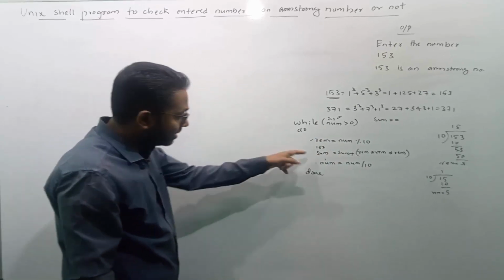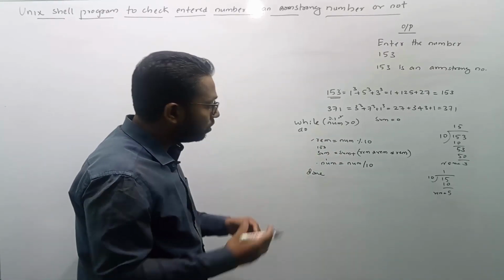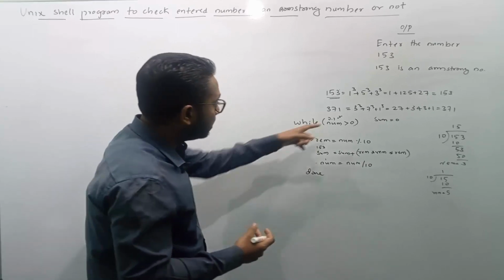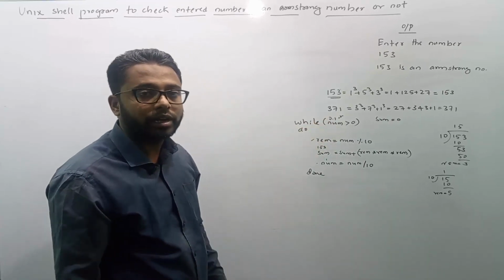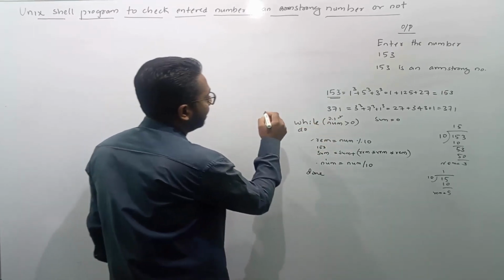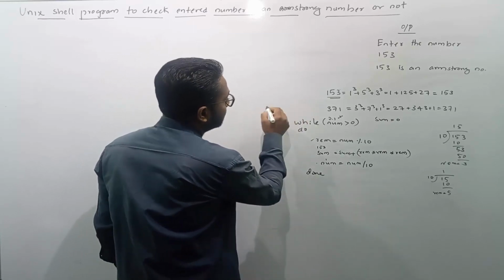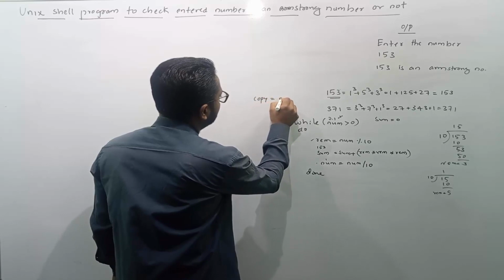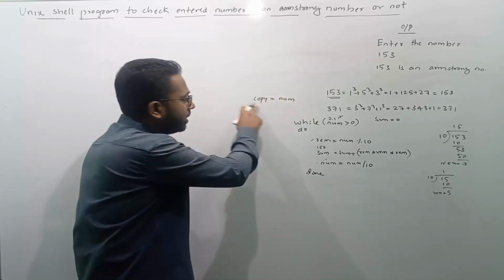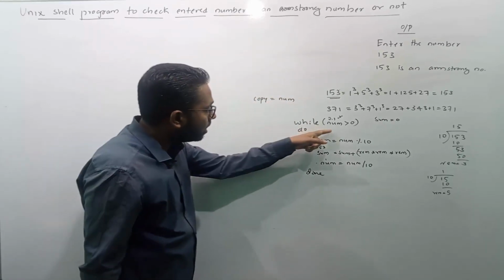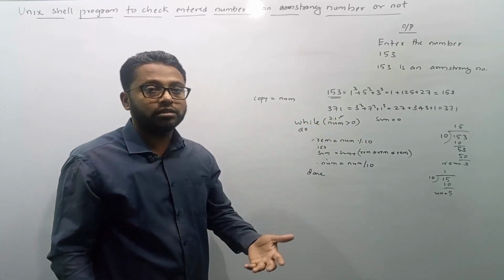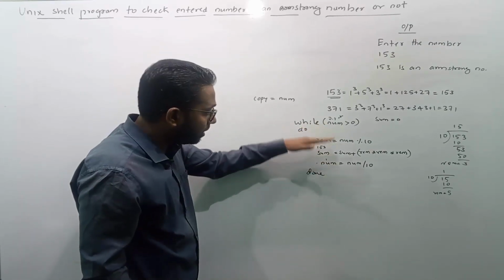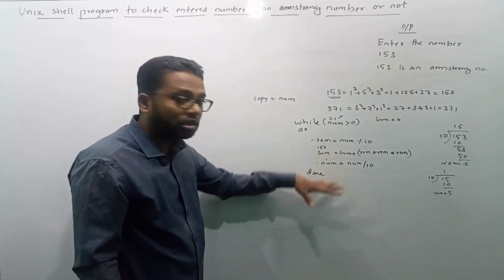Okay. Now this value of sum we need to compare with this value of num. Okay, but before I need to tell one more thing. At the very beginning itself we need to store the copy of number in some another variable, because you can see here num value gets changed after executing these instructions.